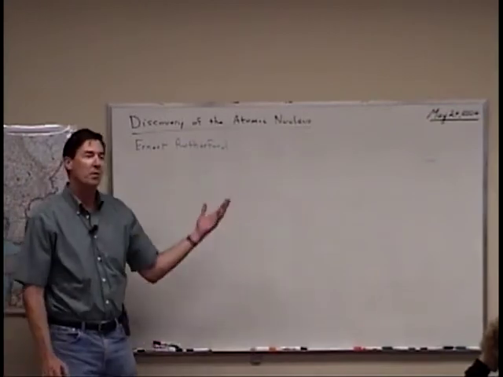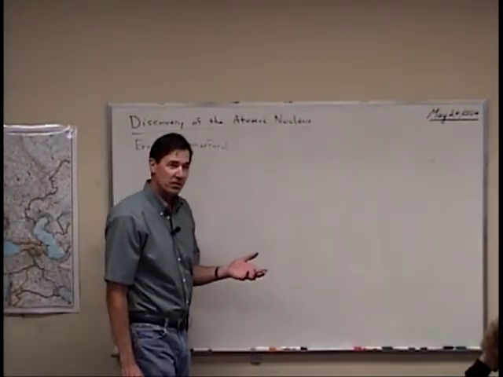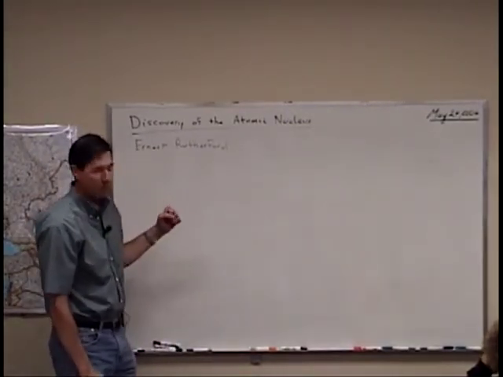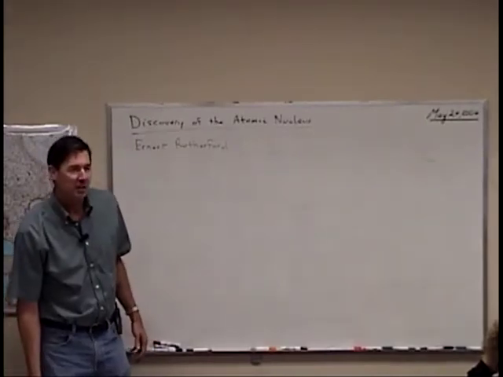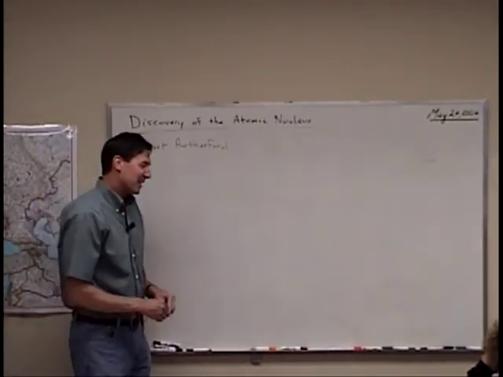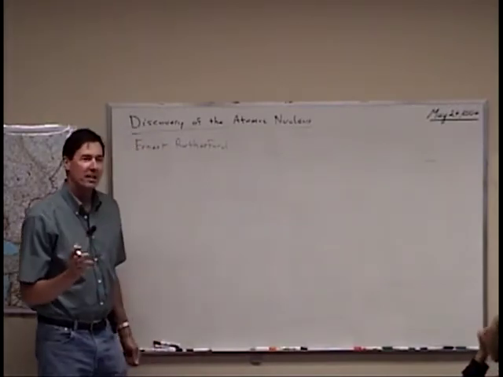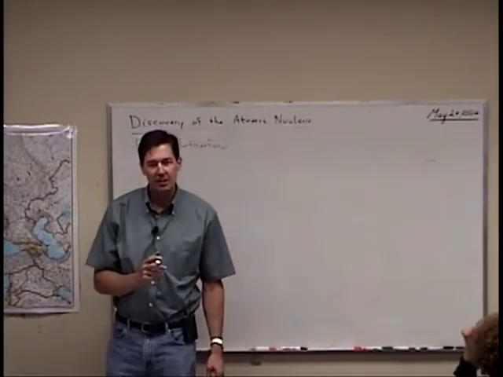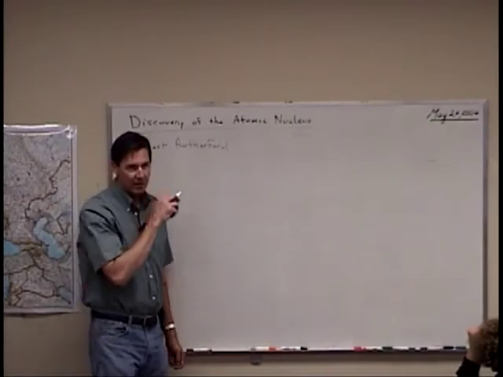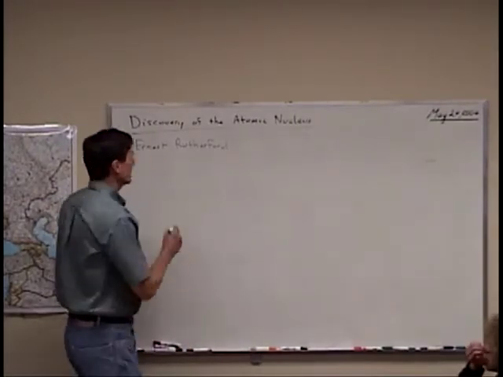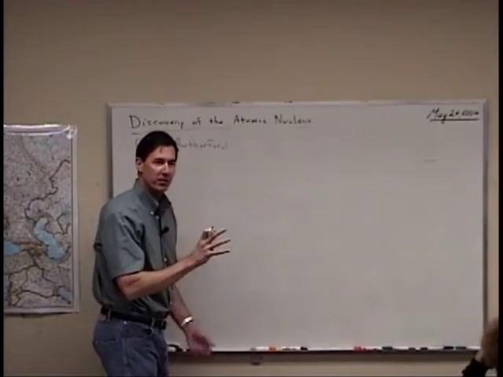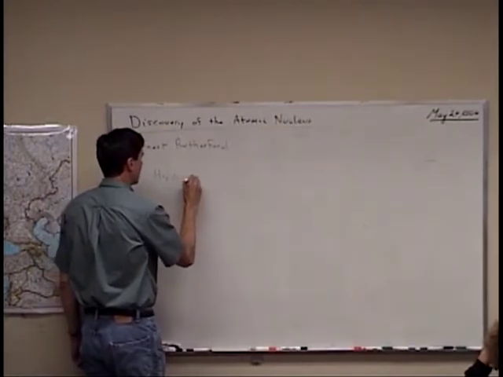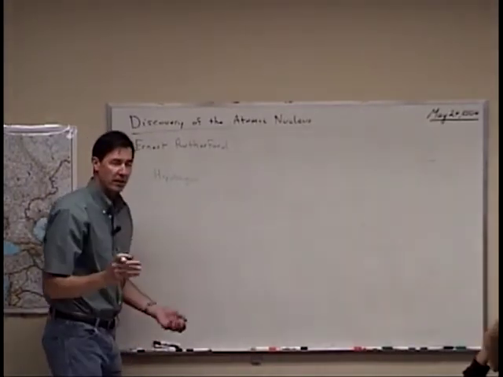Now I want to tell you one more thing about this nucleus before I start going on to things like bombs. I told you that it was known that helium is 4 times heavier than hydrogen. Okay, now, given this solar system model that we have now, hydrogen is the lightest possible atom.